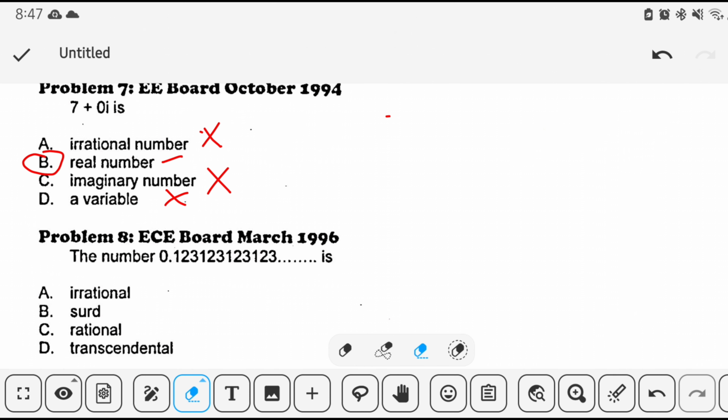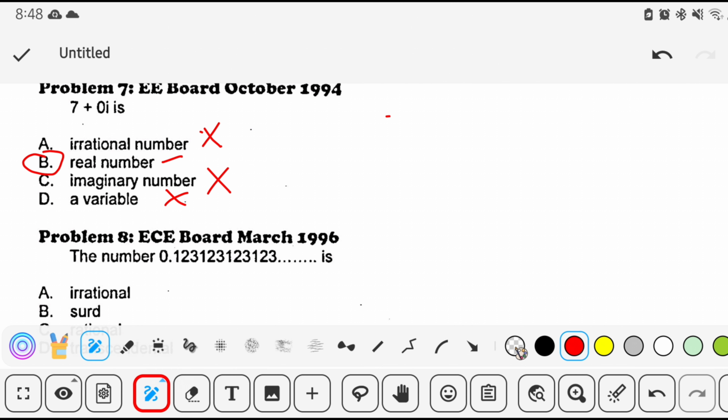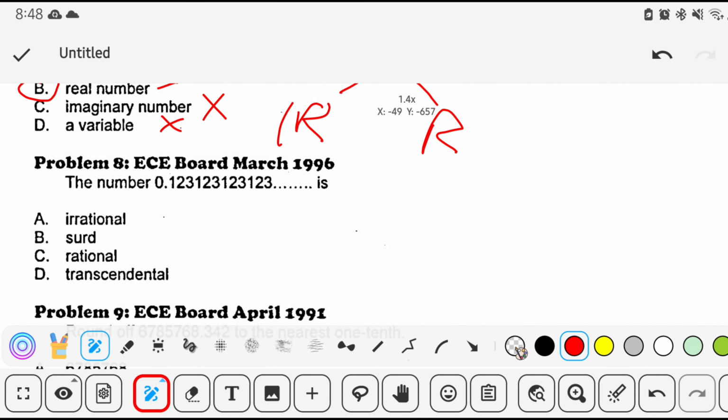Quick review. We have the system of numbers divided into real numbers and imaginary numbers. Real numbers are divided into two: irrational and rational. For rational numbers, we have integers.